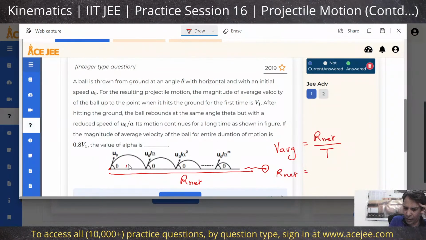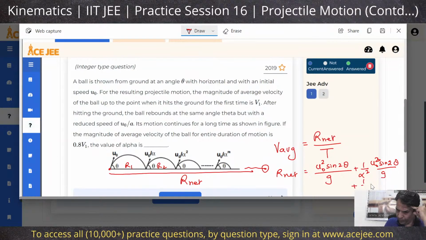Let's write down the expression for R net. What are R1, R2? R1 is u0 square sine 2 theta divided by g. The next one is the same thing, but divided by alpha square as well. So 1 by alpha square u0 square sine 2 theta by g, plus 1 by alpha to the power 4 u0 square sine 2 theta by g, and so on.